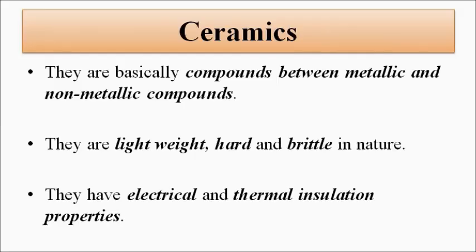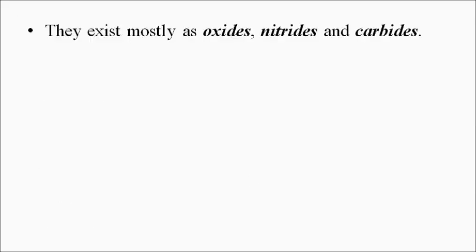So please note these properties, okay, electrical and thermal insulation, lightweight, hard and brittle. So depending on these properties, they have to be put into use in suitable engineering applications. Okay, so here we covered the electrical, thermal, mechanical. Then they exist mostly as oxides, nitrides and carbides, okay, these ceramics.